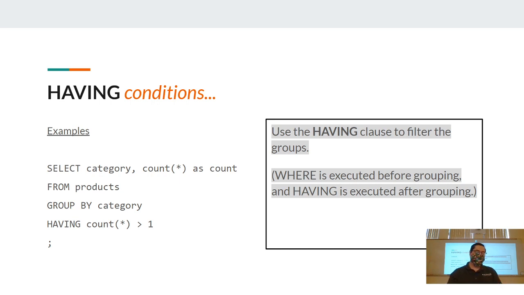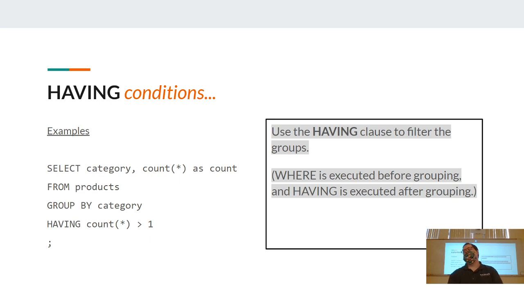So, for instance, one of the things that means is oftentimes if I want to filter out data, let's say I wanted to filter out all the items that are $10 or less, right? It would be different between having it before the grouping or after the grouping.